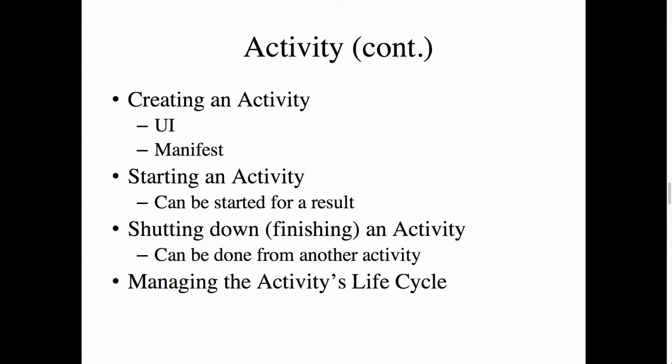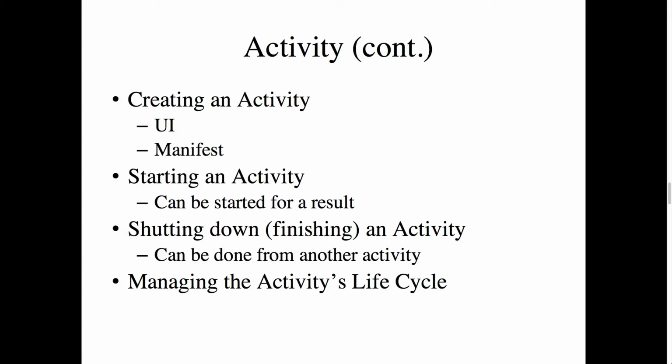So there's 2 stages. One is you create the activity and you define its interface, the UI, and then you actually have to tell the system what this activity does if it's supposed to handle emails or something else from the outside.